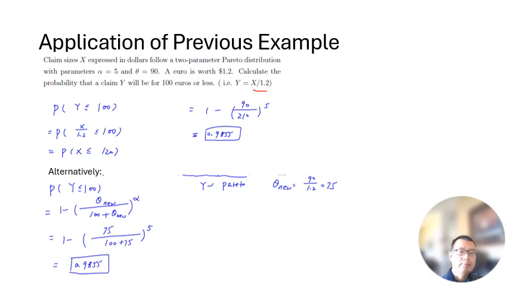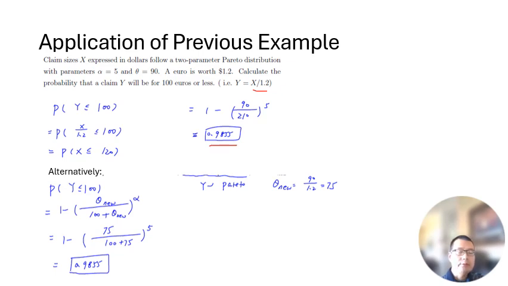This can be further transformed to the probability that X is less than 120. Then in this case, we know alpha and theta, we know X follows a Pareto distribution, so we can calculate F_X using the formula, which is this, and we got the final result, this.